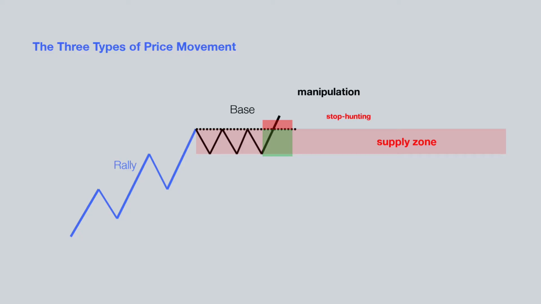For example, smart money might collect stop losses from traders who set sell positions above the base. At the same time, they trigger buy positions from retail traders who think the breakout will continue upward. But instead of continuing up, price reverses sharply, taking out both groups and creating what we call a supply zone after the drop.